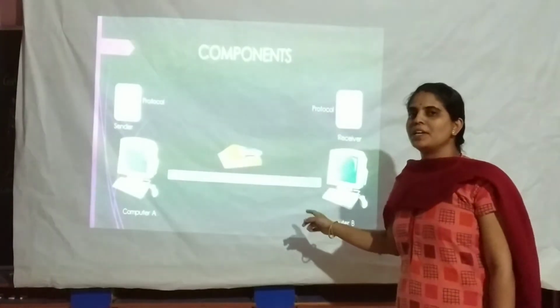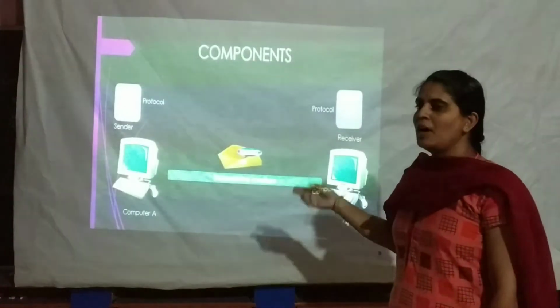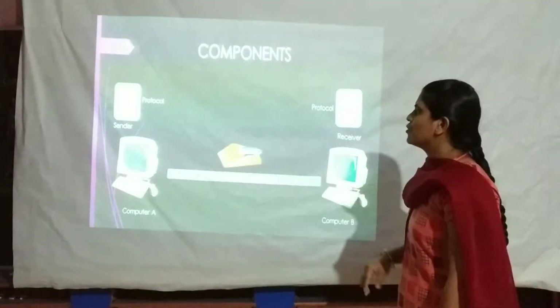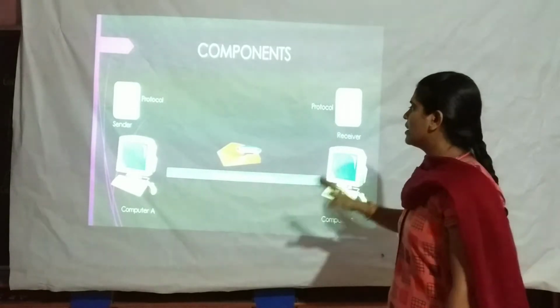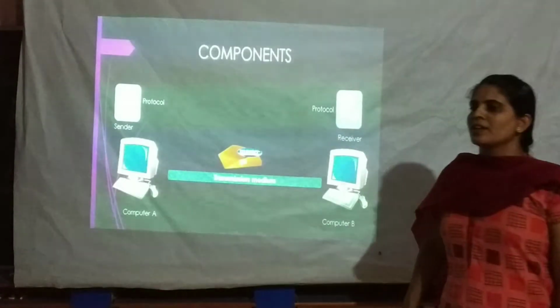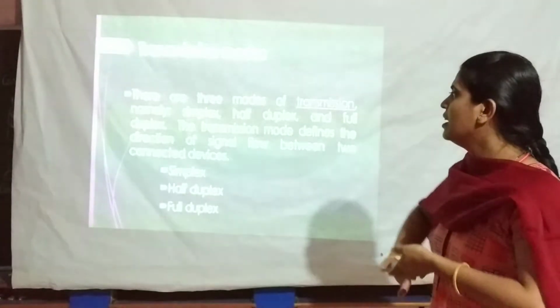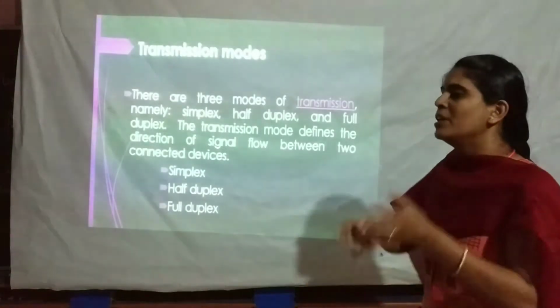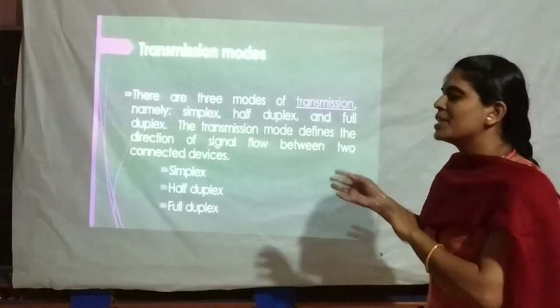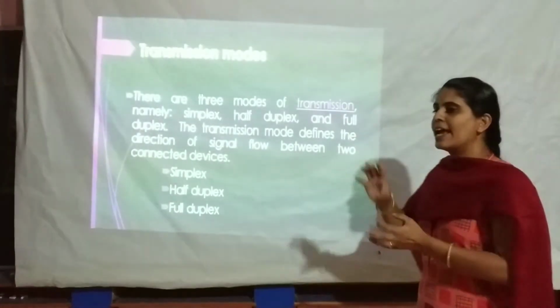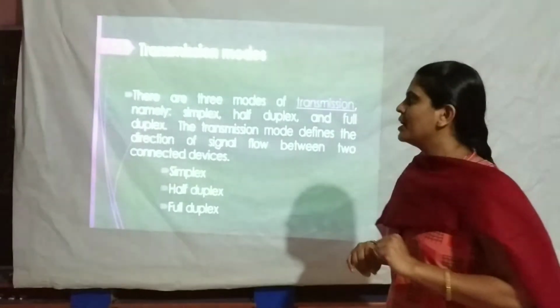The transmission medium may be wired or wireless, and on this the message is going to be transferred from computer A to computer B. Next, once we have a communication system, there should be a data flow or a transmission mode through which the data is transferred between the two computing devices.